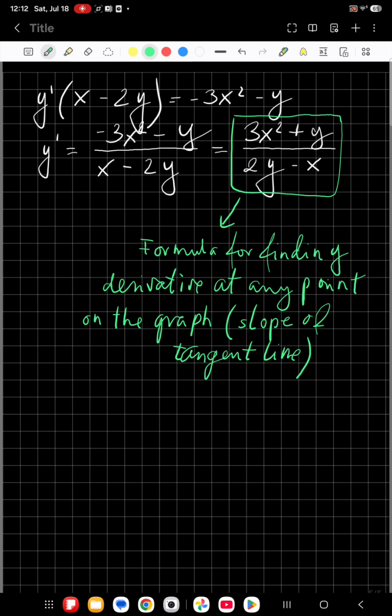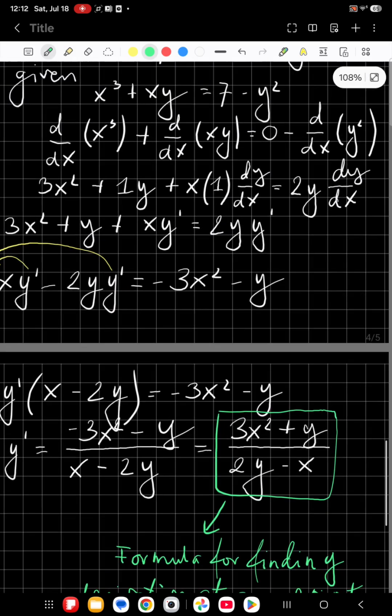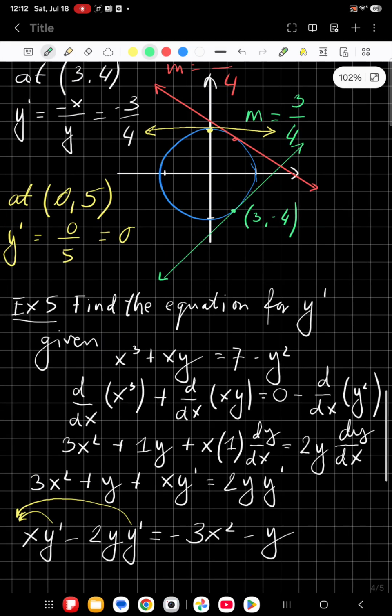I just noticed a mistake. I was comparing the final answer to my notes, and the mistake is here. When I'm taking the derivative here, that negative doesn't disappear, so it needs to be there.